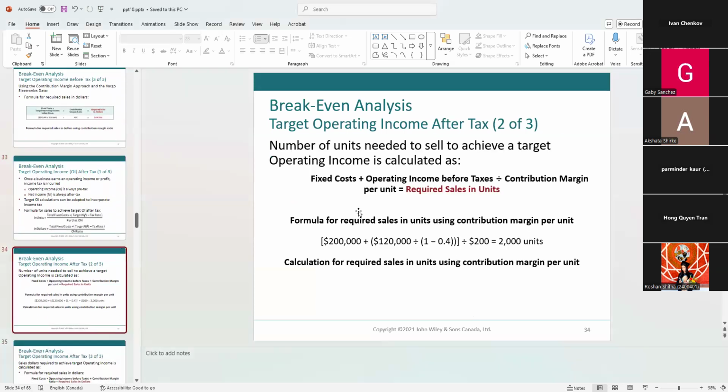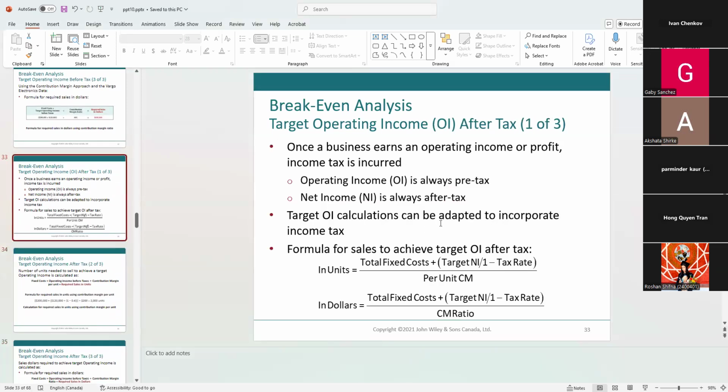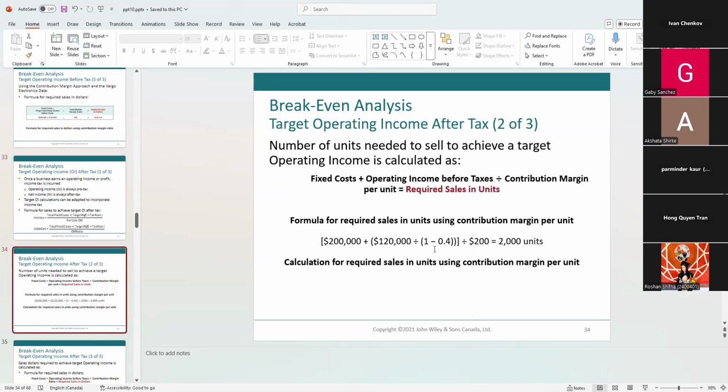So again, if we want after tax, we have to incorporate that the target income divided by 1 minus the tax rate is going to give us the operating income that we need to achieve in order to get the total number that we want. And once we apply this, we're going to get the 2,000 units.